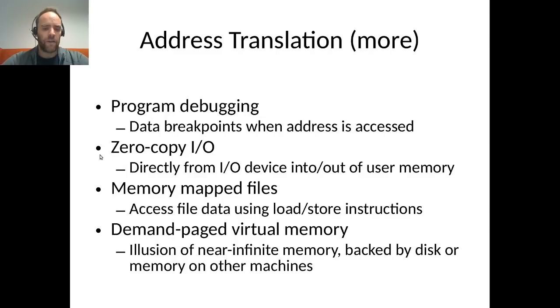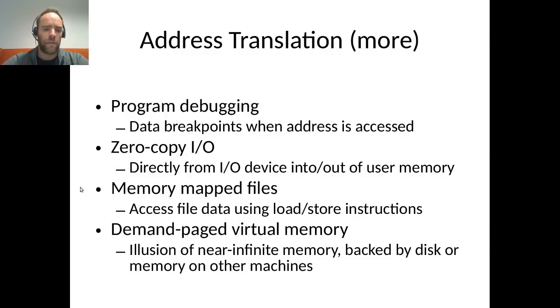Zero copy I/O: here we can directly copy an I/O device into and out of user memory. This is very useful when we want to, for example, map an I/O space into memory. Then there's no expensive memory transfer cost.